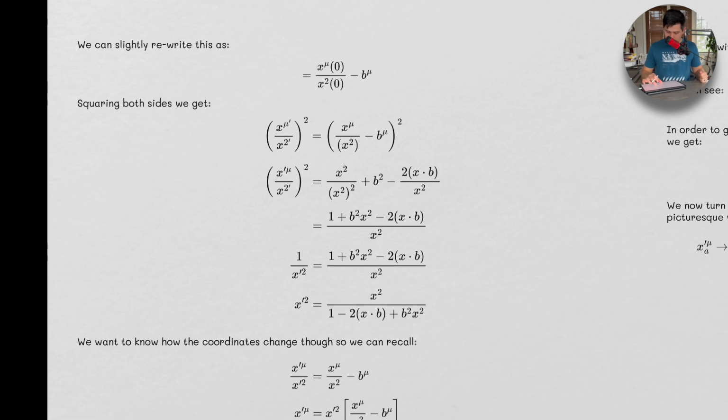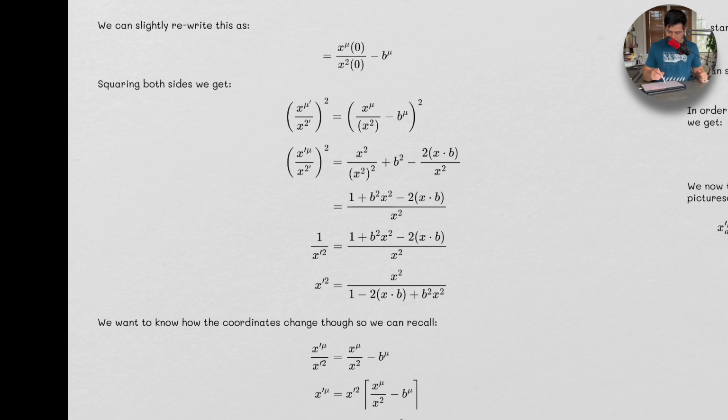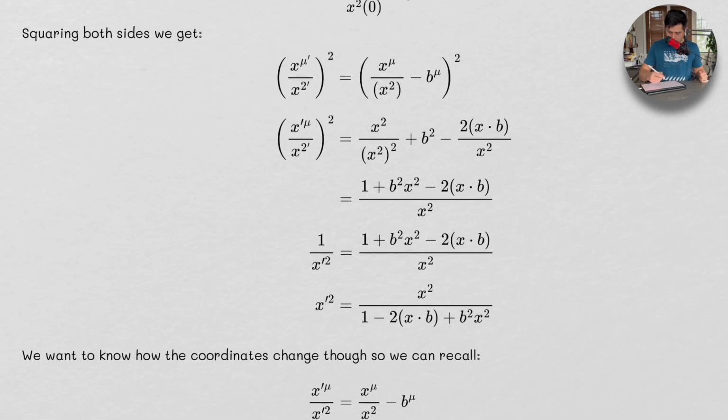So this guy here becomes, this is going to get squared, right? So we're going to have x mu squared over x prime mu squared over x. That doesn't have to be primed, right? This is going to be x to the fourth, right?